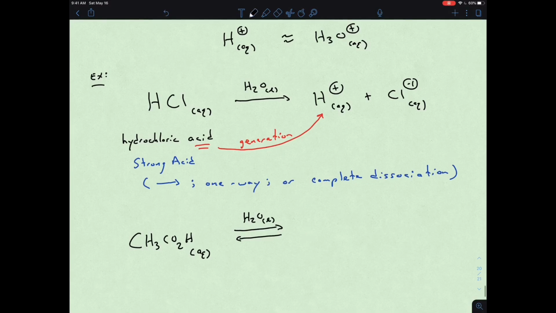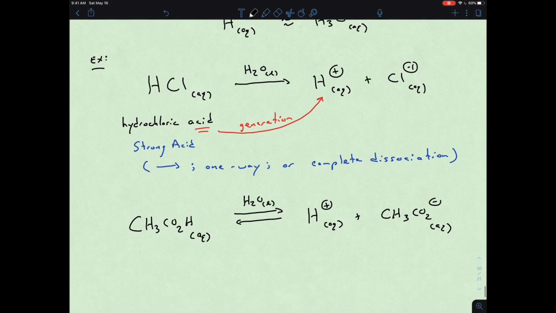We still have our H plus that's generated, and then we have the rest of the molecule, the acetate, also, but this is basically a two-way street, meaning that not all of it ionizes. Some of that ionized product actually comes back to form the starting material. This is known as an equilibrium.